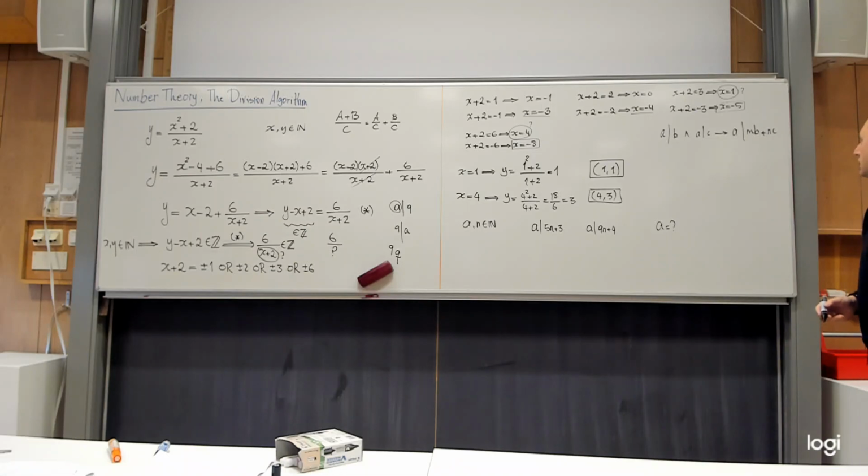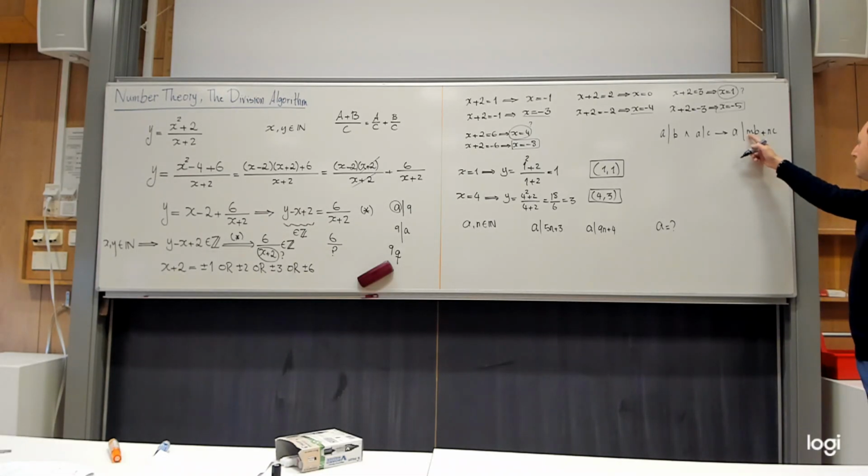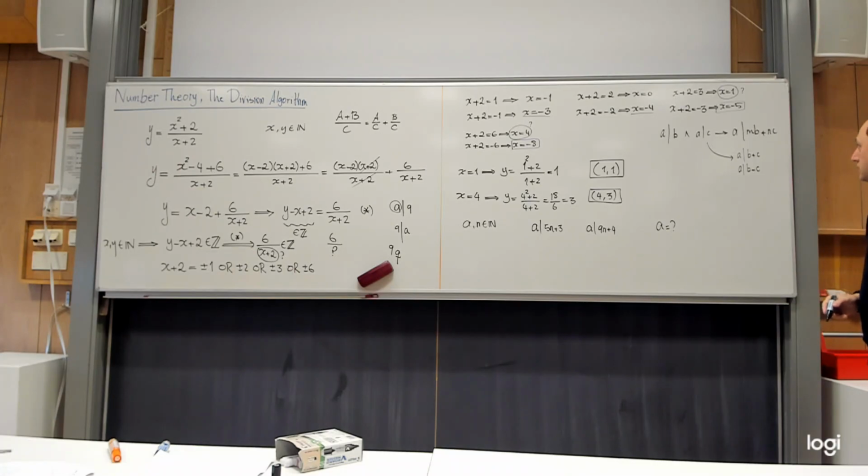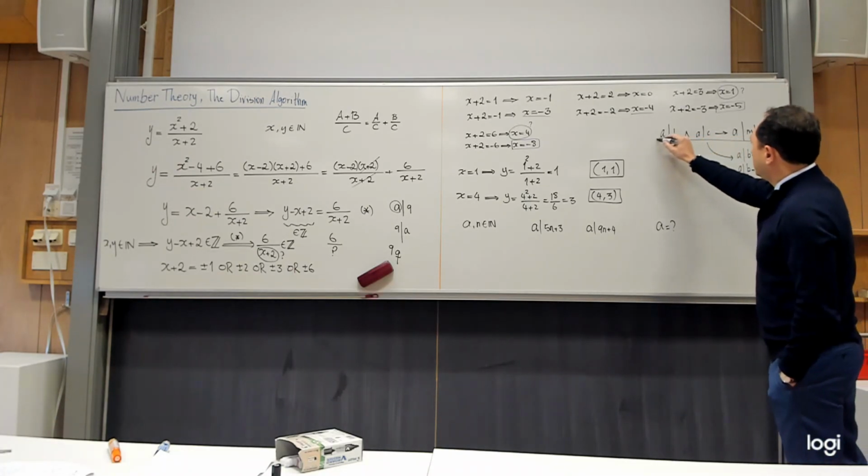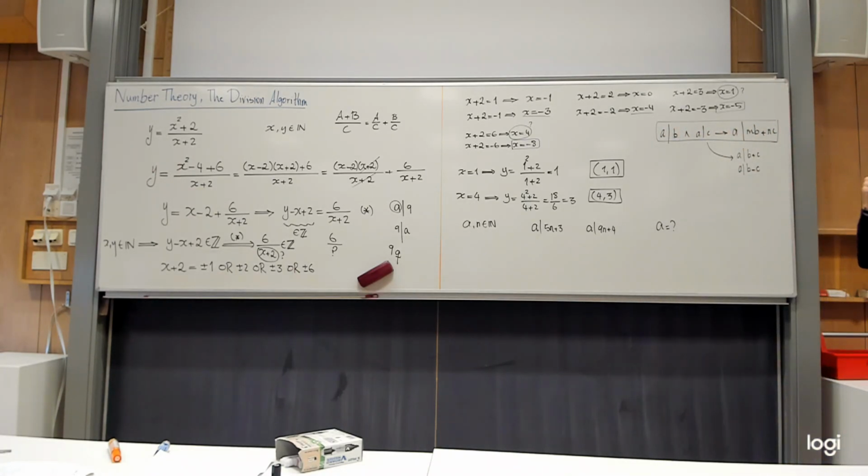So for example, if I choose m equals 1, n equals 1, then from here I can conclude that A divides B plus C. If I choose m equals 1, n equals minus 1, I can conclude that A divides B minus C. So that's a very simple but very effective theorem when it comes to divisibility. Is that understandable?